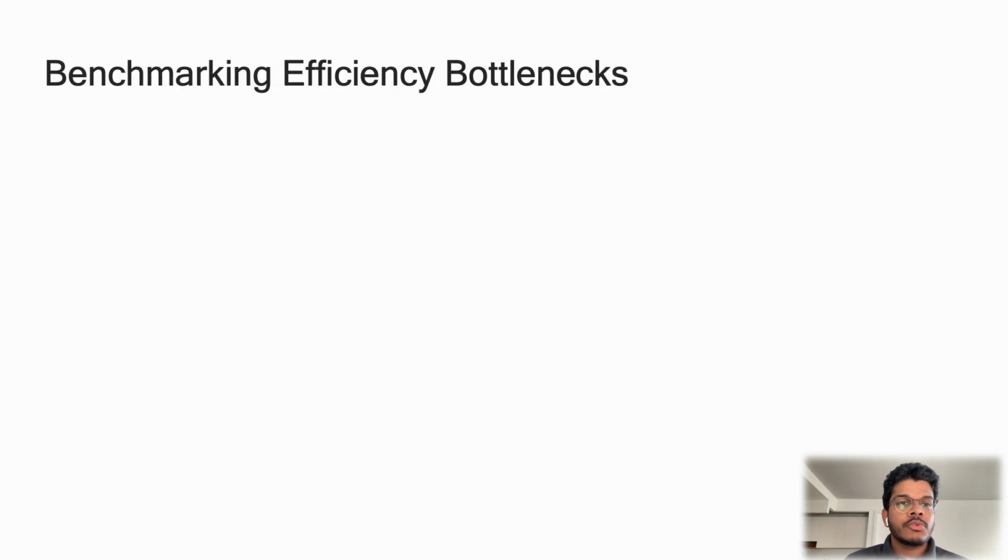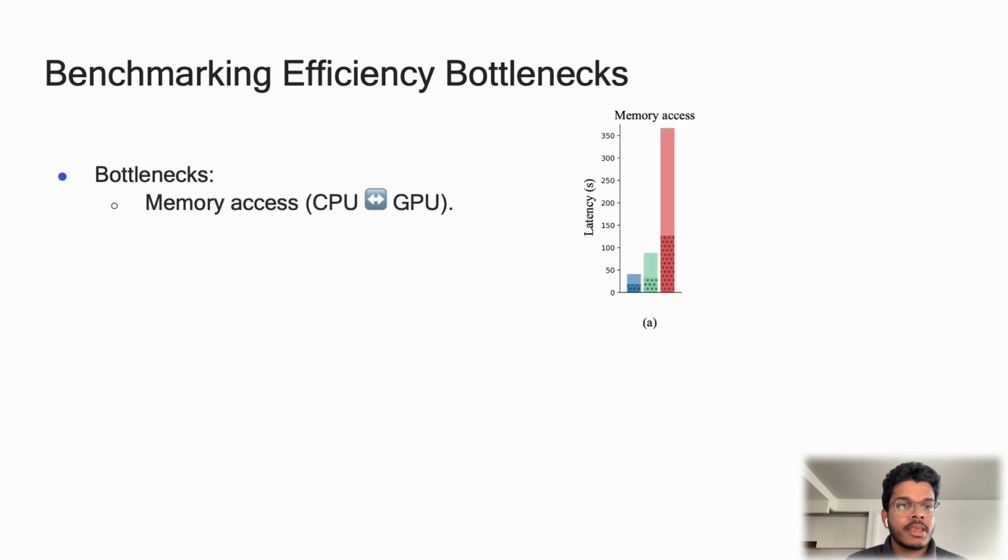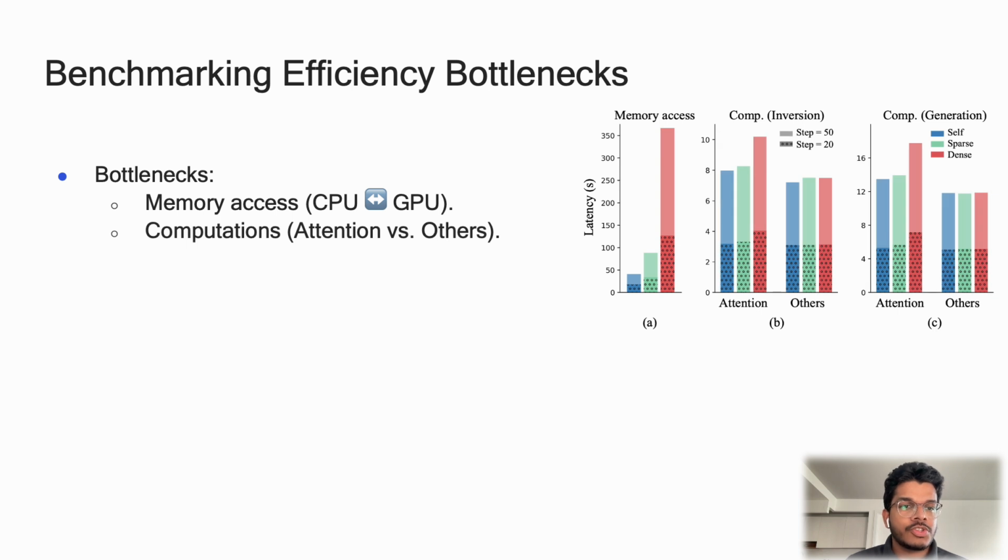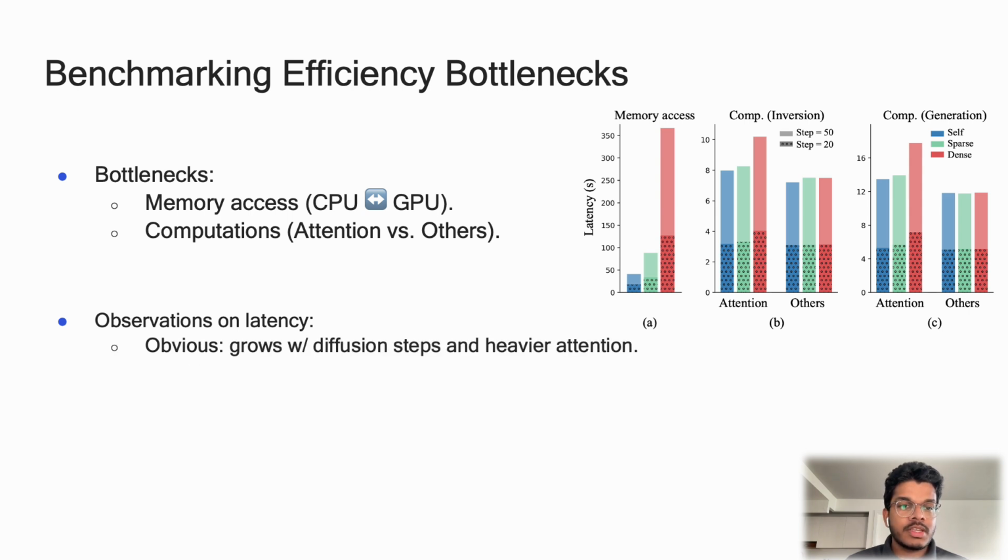We first try to benchmark efficiency bottlenecks of these pipelines. We identify two types of bottlenecks, either corresponding to memory access or corresponding to computations. Based on these data points, we make a few observations on latency. First, one is obvious, that the latency grows with diffusion steps and with heavy attention.